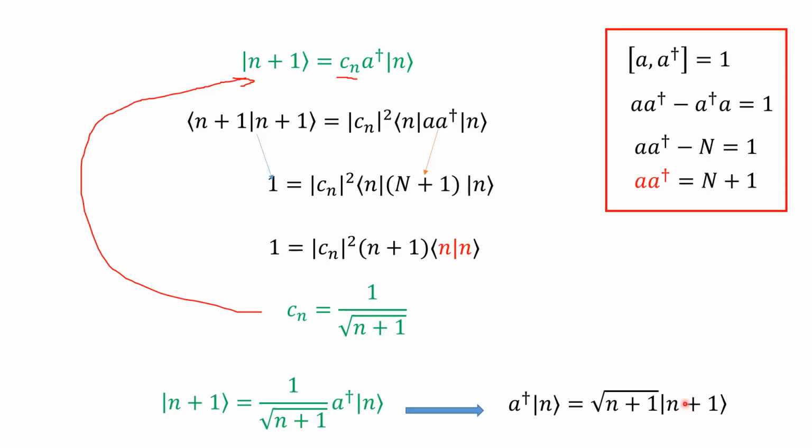It will raise its level by 1, so the ground state will become the first state, that is A dagger ket 0 will become ket 1. It will keep on going. If you take 1, it will become 2. If you take 2, it will become 3. Likewise, it will be increasing by level 1.